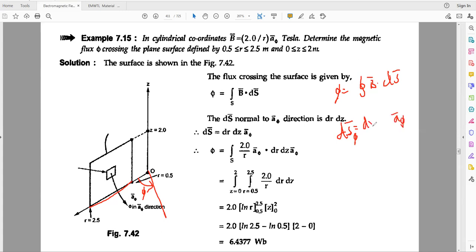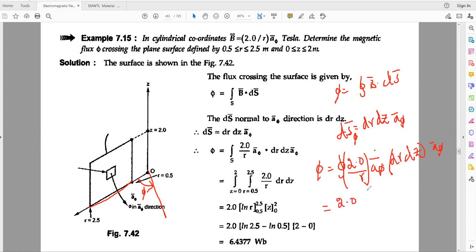The components are dr and dz. B bar is given in the phi direction also. Phi is equal to the integral of B bar, 2.0 by R into a_phi bar dr dz. a_phi bar dot a_phi bar is equal to 1.